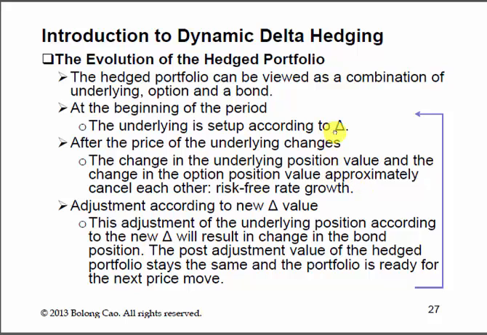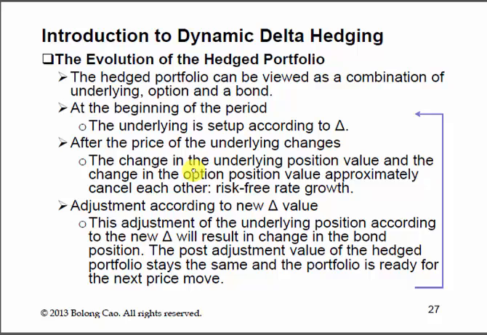The approximation comes from the linear approximation in delta. If you think about a call, if the underlying price increases, the liability in the written call also increases. Your asset in the underlying long position also increases. These two increases should leave your portfolio value by and large unchanged.